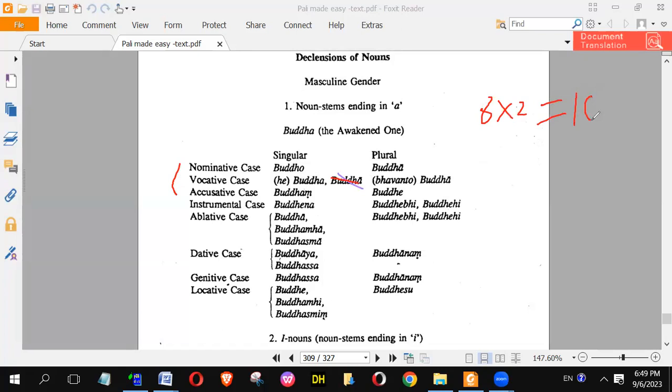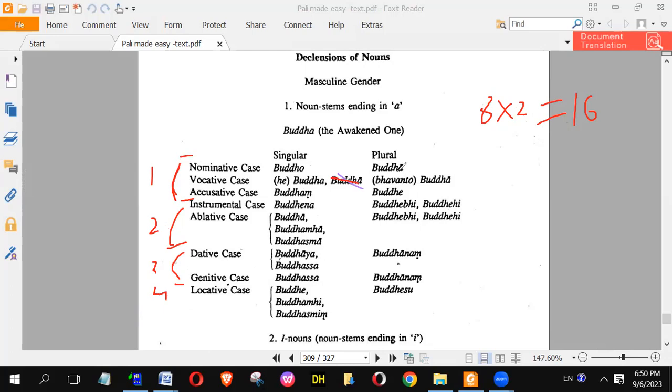To memorize 16 is difficult for the mind. So it's better you divide it into blocks: nominative, vocative, accusative is one block; instrumental, ablative is the second block; dative, genitive is the third block; and the last one is the fourth. So in this way, it's easier for the mind.